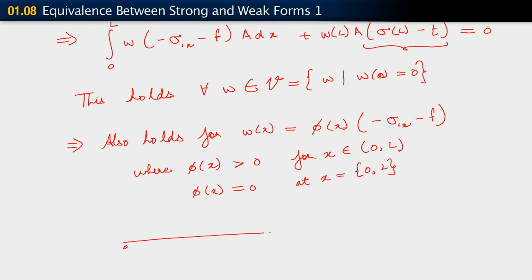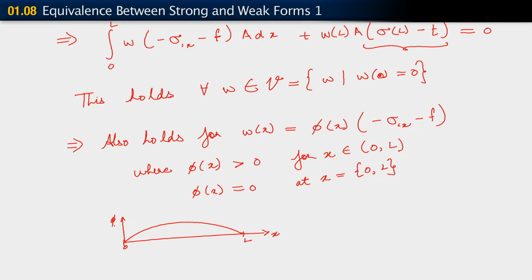If this is 0 and that is L, and this is our x-axis, the function phi is one that looks something like this. It may be as smooth as this or it may be something else. Doesn't matter. It's positive and it vanishes at 0 and L. What this does then is two things.